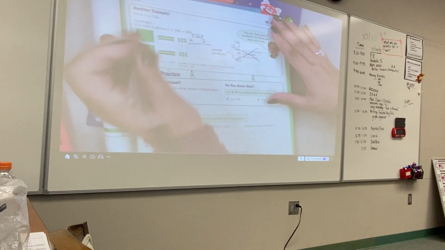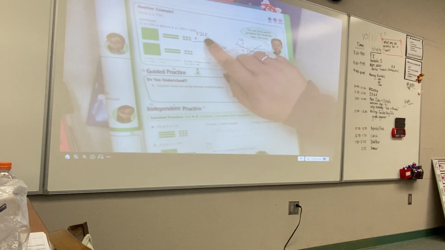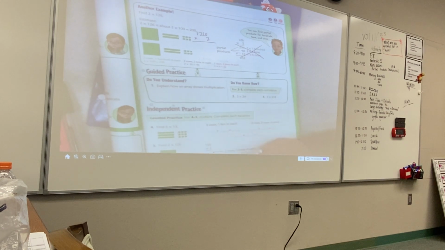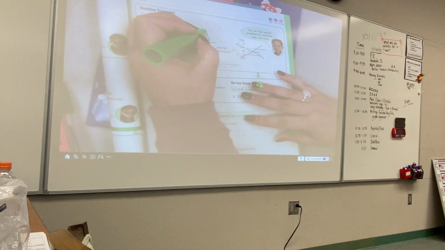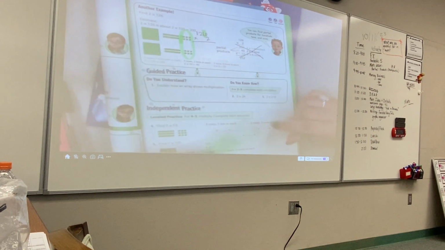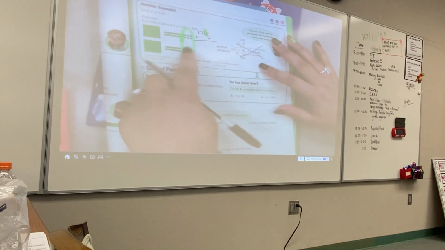So first, what is the first column on our right in 126? Hundreds, 10s, or 1s? Ones. So let's highlight our 1s and then circle what our 1s were. So 6 times 2 was 12.